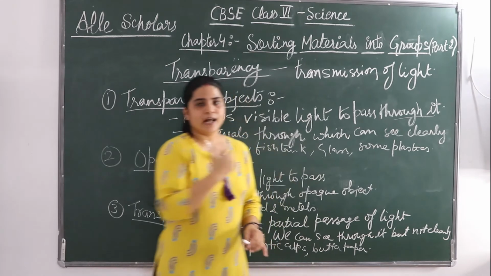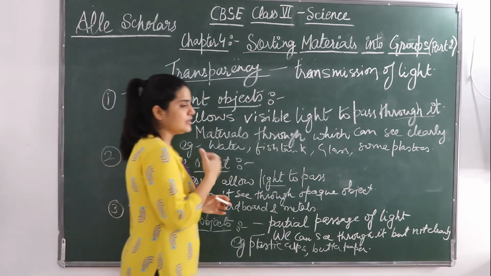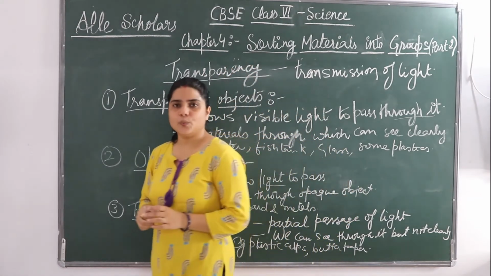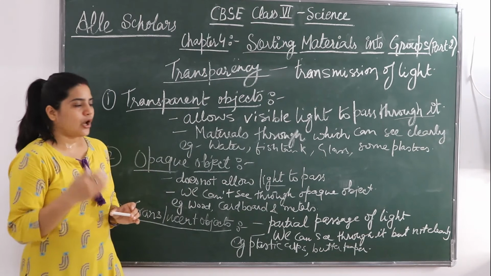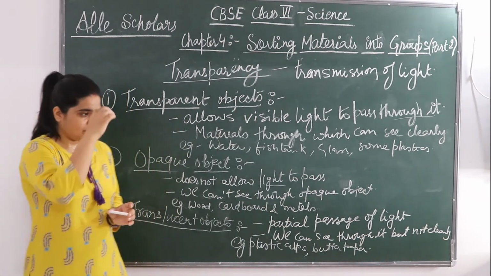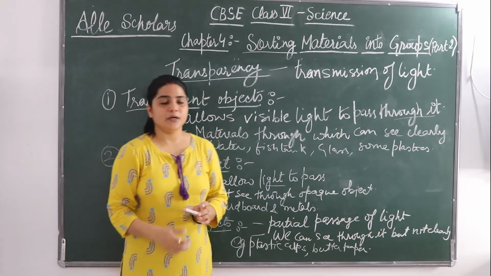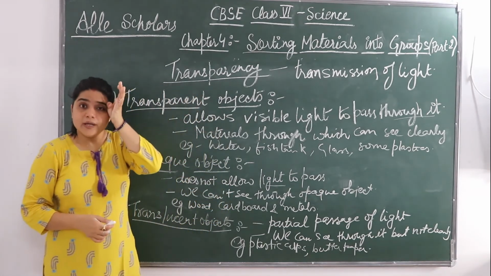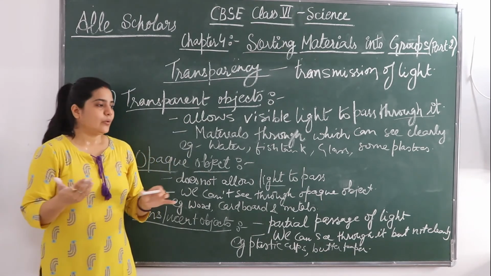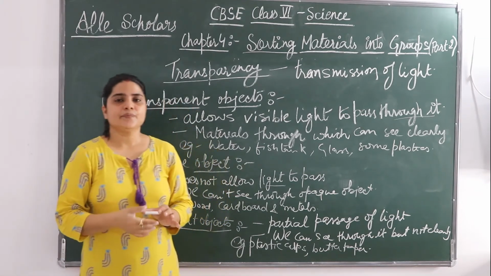For translucent objects, you can do an activity in which you take a sheet of paper and look through it towards the light. Now put 2 to 3 drops of oil and spread it on the sheet of paper. Look again towards the lighted bulb through the portion of the paper with oil on it. What are you going to see? You will find there is visibility in it.